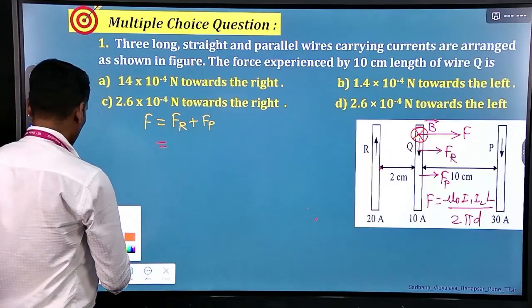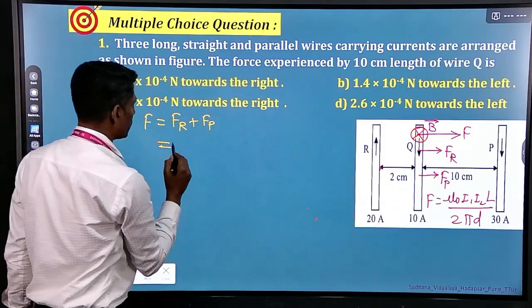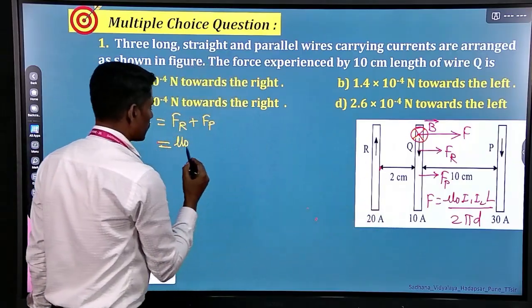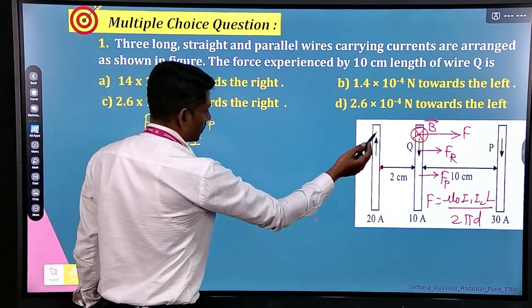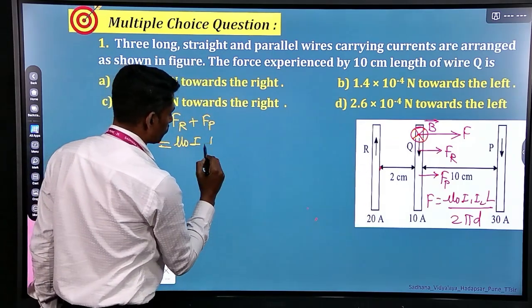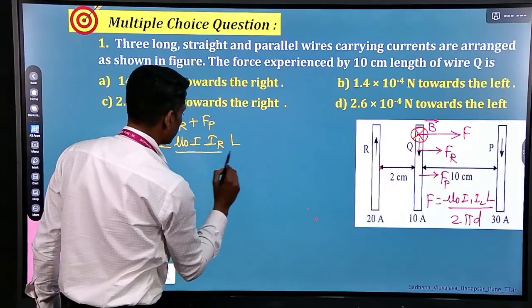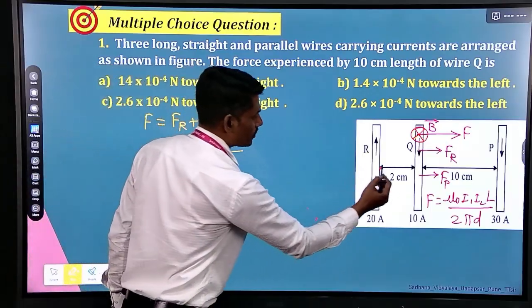F R is equal to what? By using this formula, we get μ0, the current flowing through the Q wire is suppose I, then the current flowing through the wire R is suppose I R, and the length of the wire Q is L, divided by 2 pi d. What is d here? D is the distance between those two conductors.